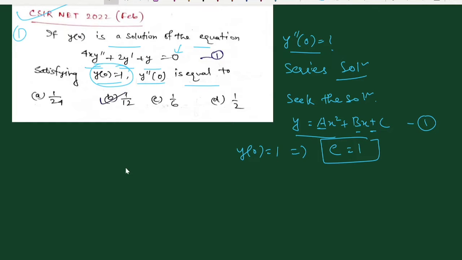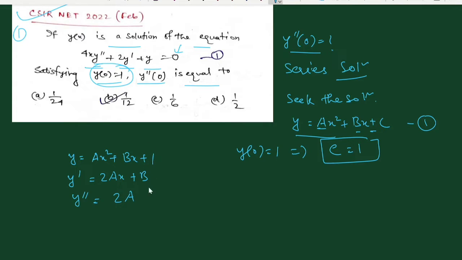So if c = 1, then y = ax² + bx + 1. Now we find y' and y''. y' = 2ax + b, and y'' = 2a. Now put these values in the given equation 1.